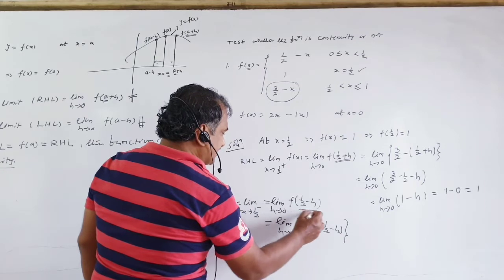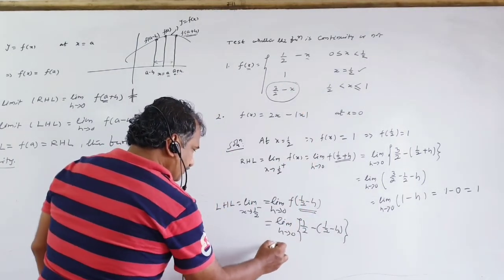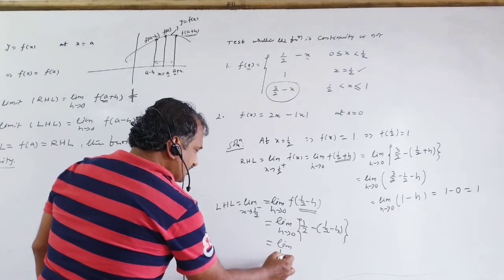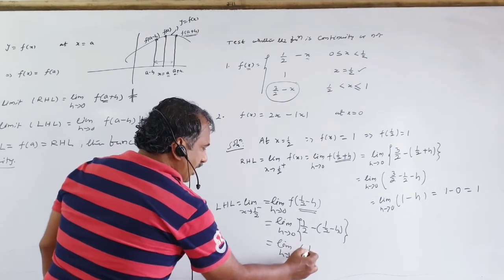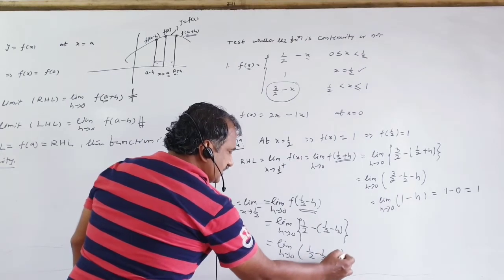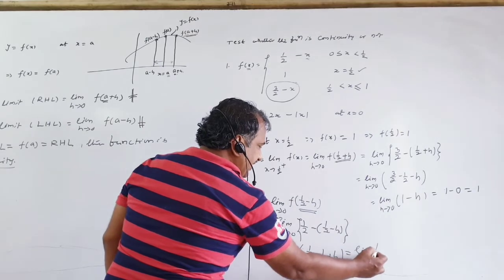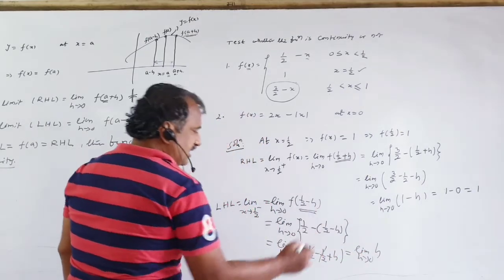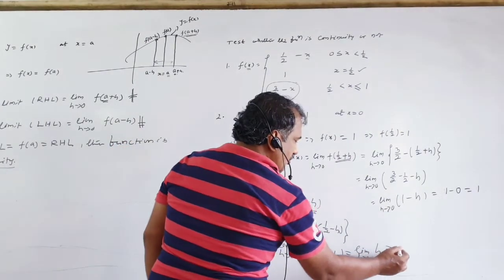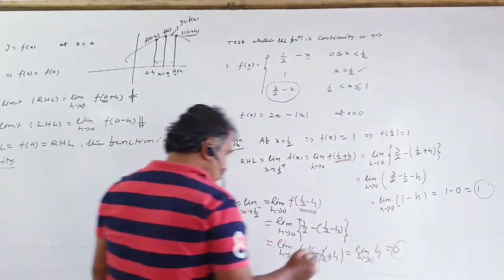Instead of x, write this one. Okay. So limit x tends to 0 of half minus half plus x equals limit x tends to 0 of each h plus or minus, which cancel out, equal to 0. Here is 1, here is 0.